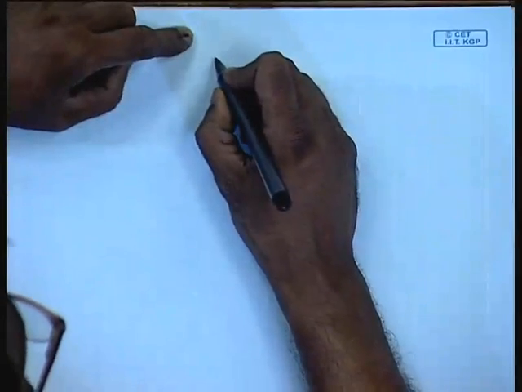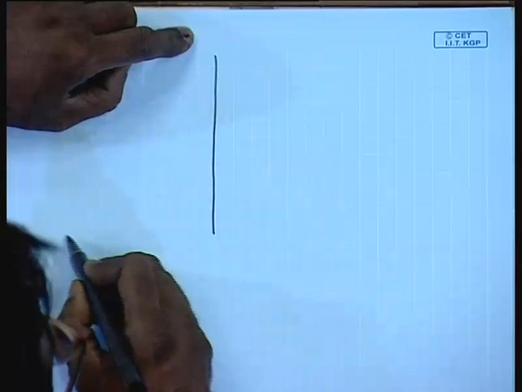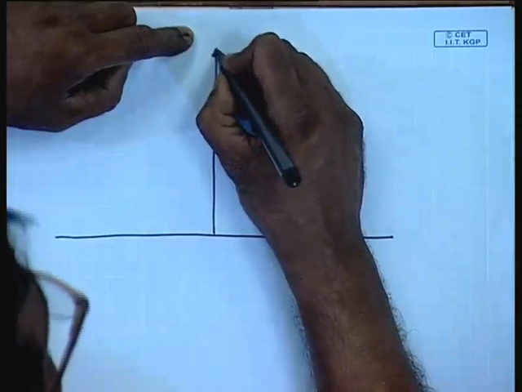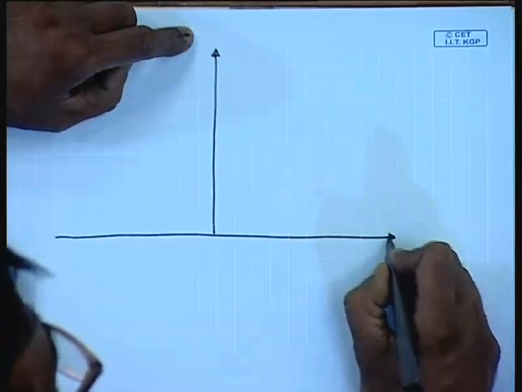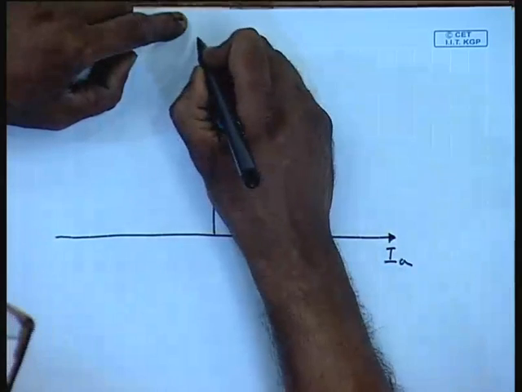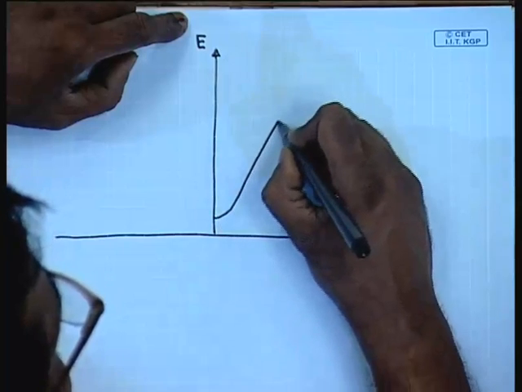The reason is very simple and can be understood as follows. For example, suppose we have a DC series machine whose OCC is given by this curve.